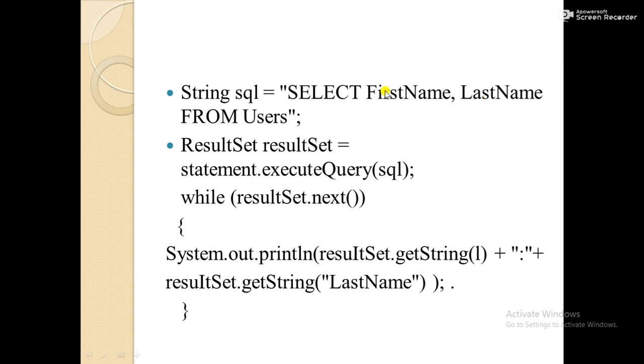So for that purpose we use select first name, last name. We want to retrieve the first name and last name from the user table. So we have taken the SQL object, in which the overall query will be held.